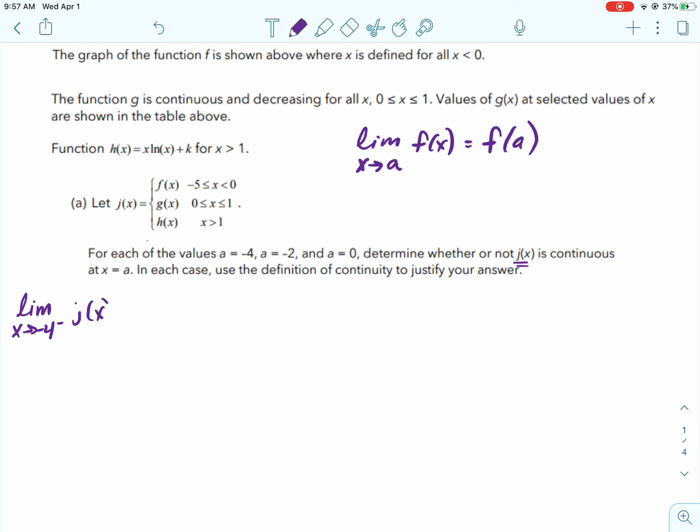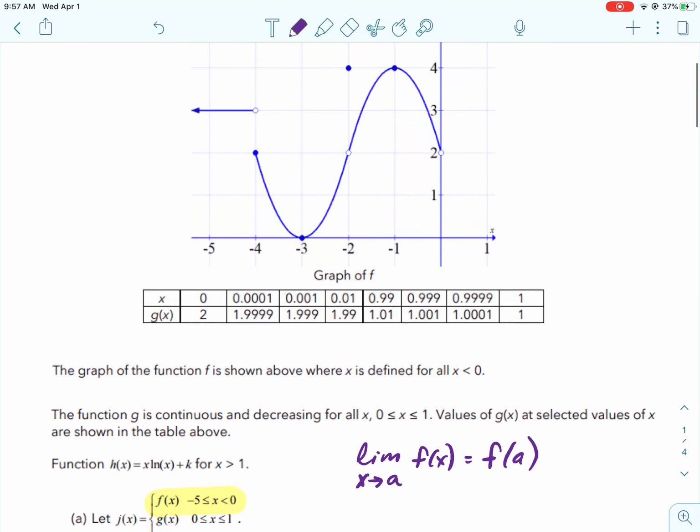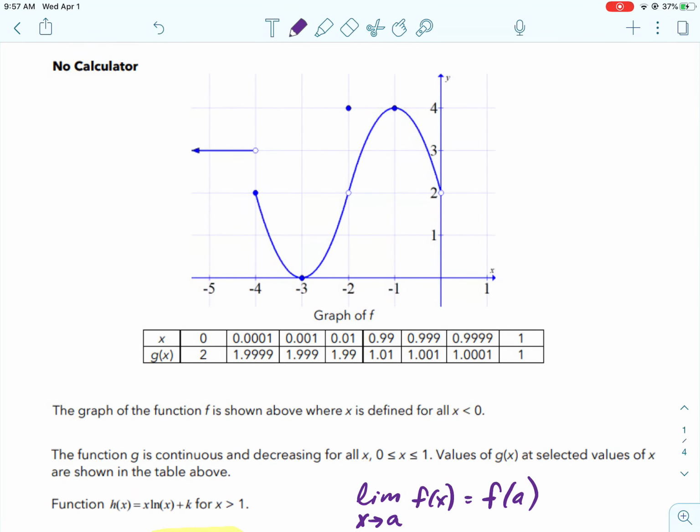So we're going to need to find the limit as x approaches -4 from the left of J of x. J of x is a piecewise function where there are 3 different pieces. When x is -4, it follows the first piece, which is using the f of x function, and the f of x function is the graph.